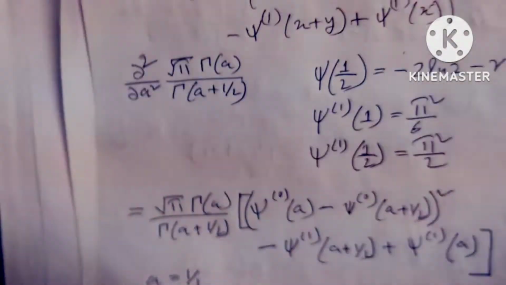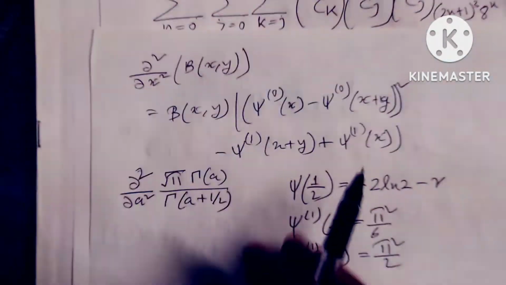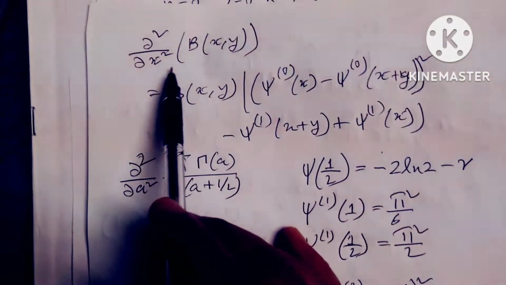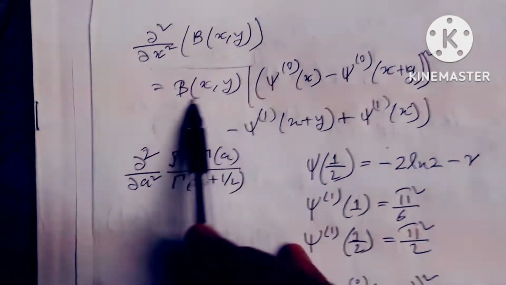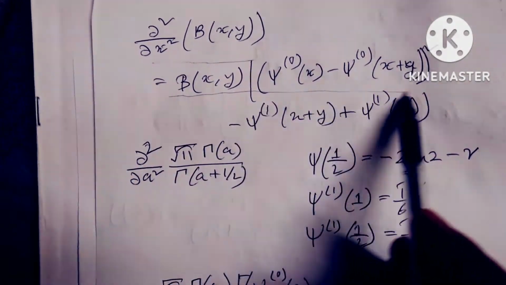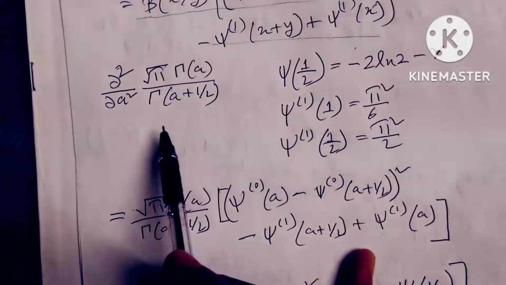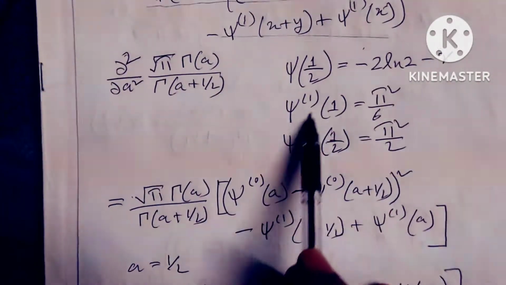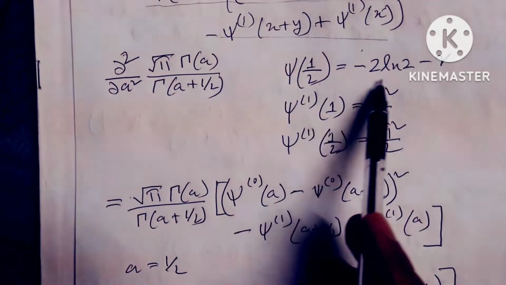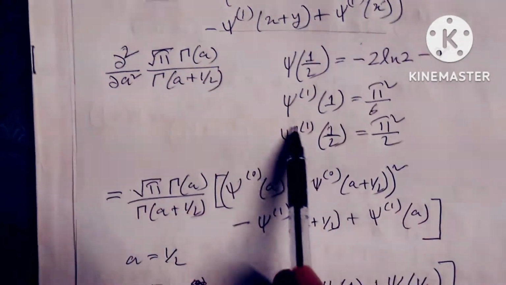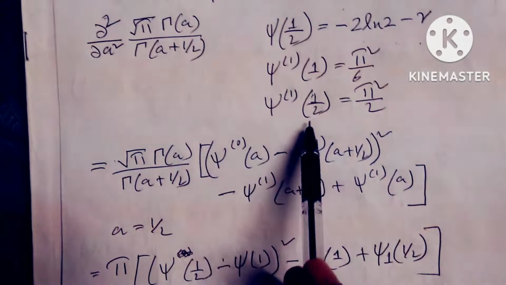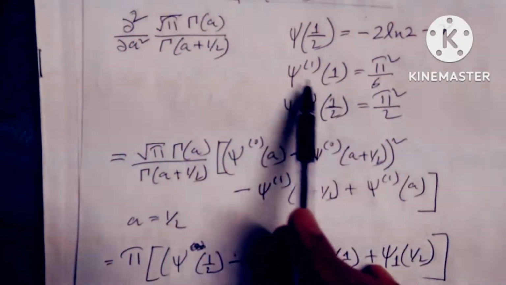Now I show that calculation. Everyone knows what the derivative of the beta is. The derivative of the beta is this way. After that, I put the value: digamma half equals minus 2 ln 2 minus gamma, digamma 1 equals minus gamma, and pi square by 6 is trigamma.